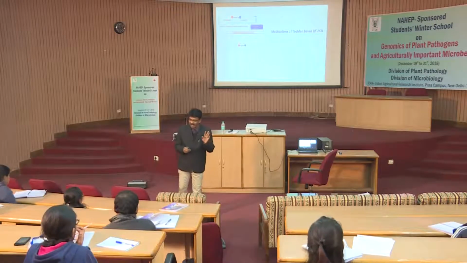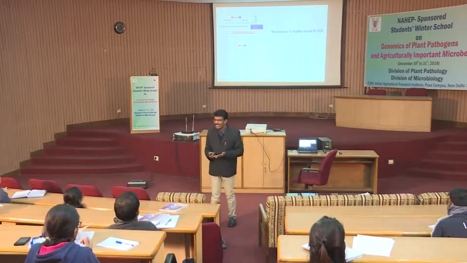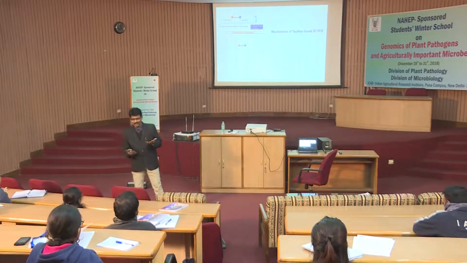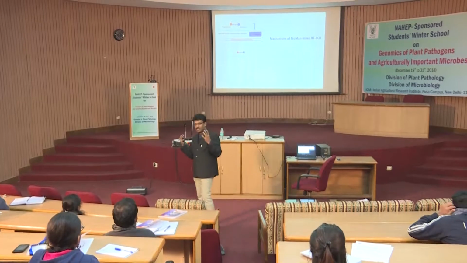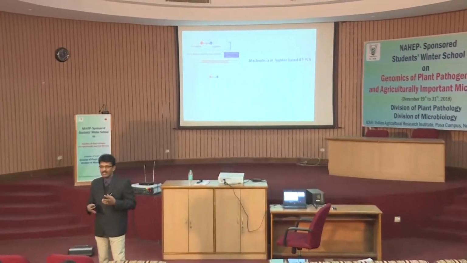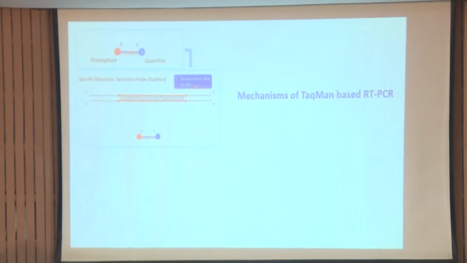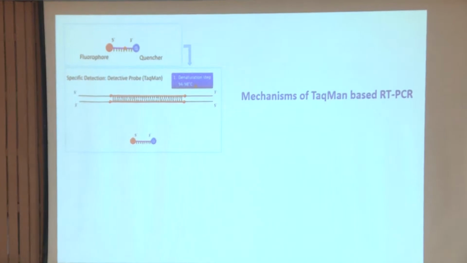Okay? What is probe after all? It is complementing to the target. Functionally, it is equivalent to the primer. The only thing is we have decorated it by adding 2 molecules. One is the reporter, also called the fluorophore, and also the quencher to silence it as long as they are together. Is it clear?